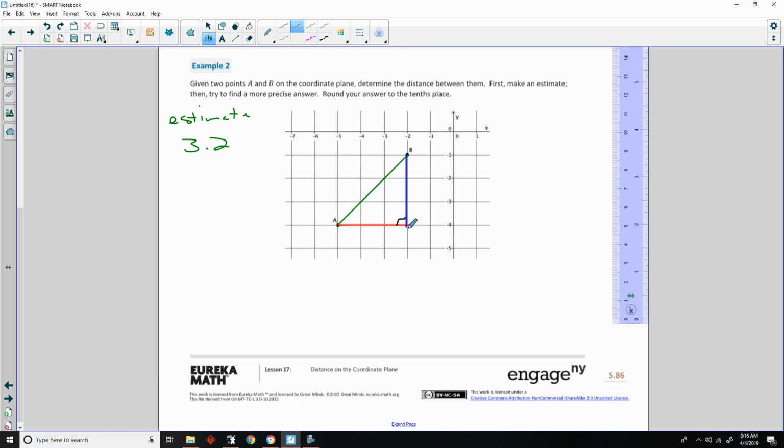So the distance of A to here is 3. The distance from here to here is 3, and this is my C. So it's A squared plus B squared equals C squared. Write a formula, substitute the givens, simplify.